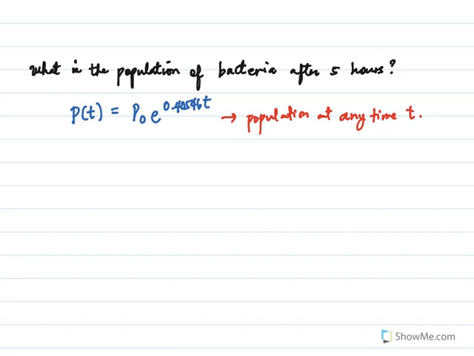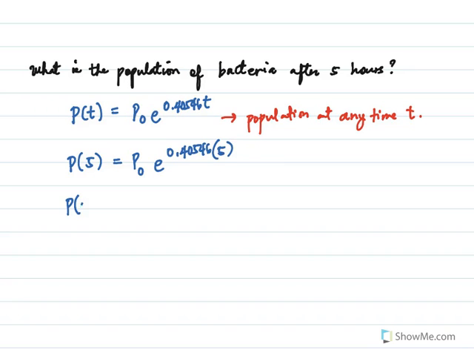So, kung given ka ng kahit anong time, then using this, you can already determine the population by just plugging in that given time. So, here we have P of 5 is equal to P naught e to the 0.40546 times 5.